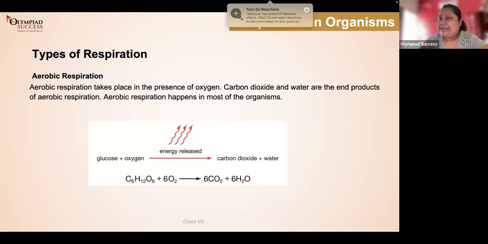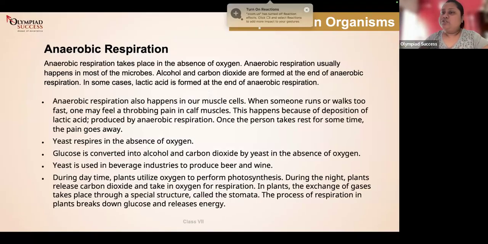We get 36 ATPs when we do aerobic respiration. Clear? And all higher organisms like plants, animals, advanced organisms will undergo aerobic respiration. Now moving on to the next type, anaerobic respiration.